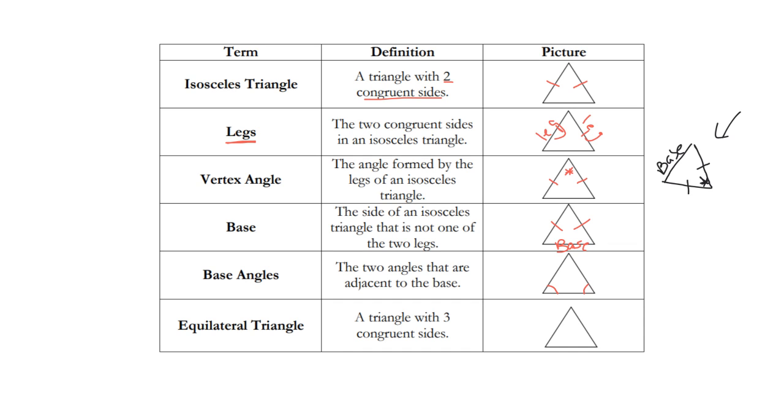All right, lastly, we have equilateral triangle. And again, we talked about this in the previous lesson. All 3 sides are congruent in an equilateral triangle, like so. Now we'll look at a couple of examples, just going through these vocab terms, and then we're going to talk about some theorems related to isosceles and equilateral triangles.